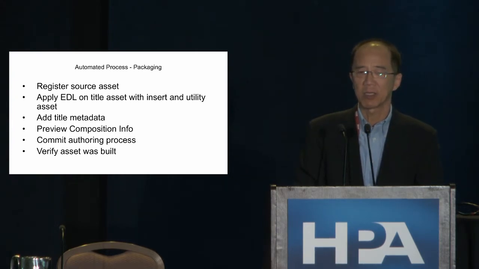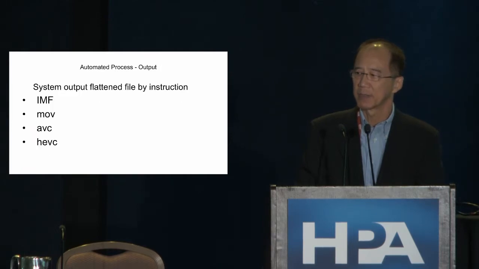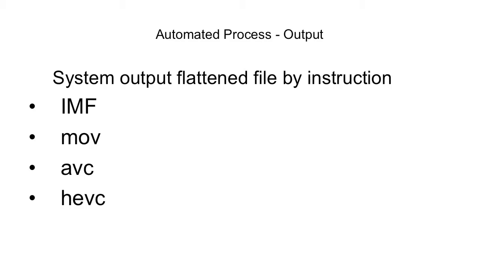Then you commit the authoring, and after authoring, there will be automatic checking on the asset the package was built. After you package it, you can output. Most right now is a flat file. Even for IMF, as Richard mentioned, it's not all the same.